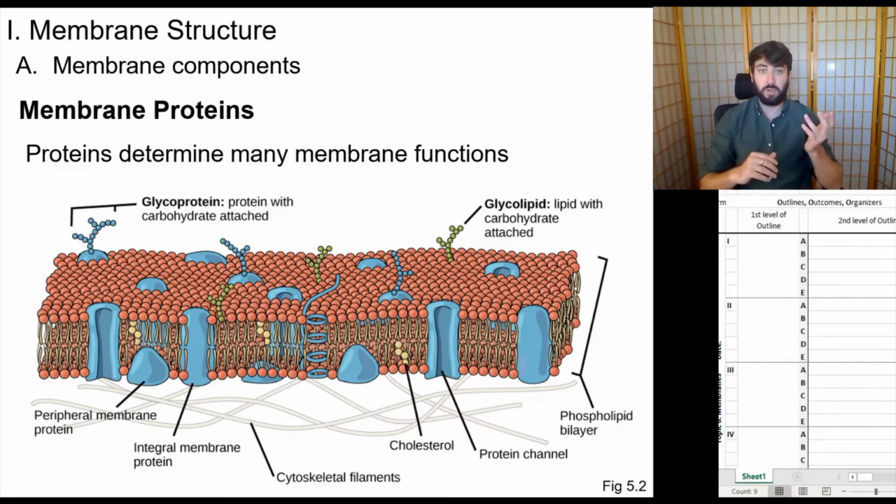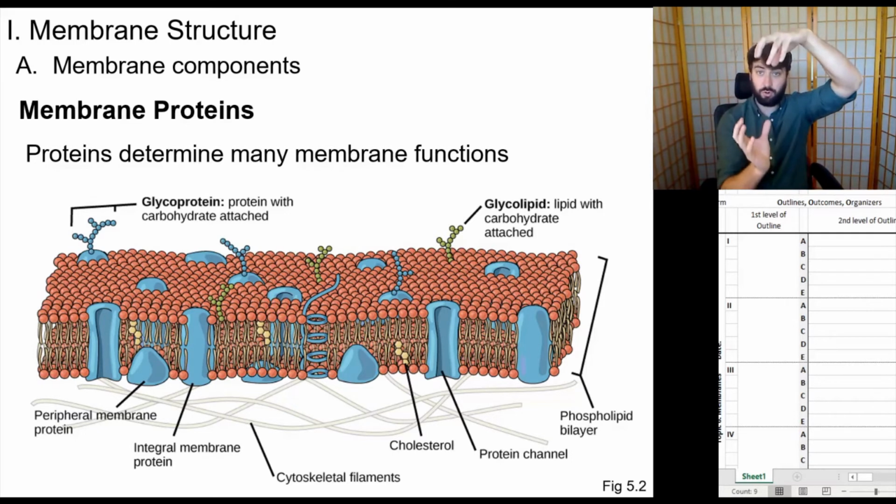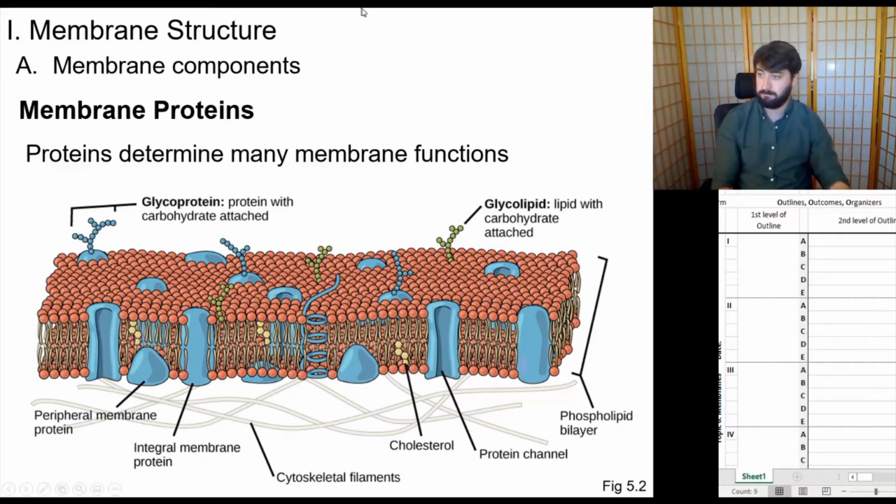So, for example, you can be an integral protein, which spans the whole width of the phospholipid bilayer, like this one right here. This is an integral protein, going from one side of the phospholipid bilayer to the other.